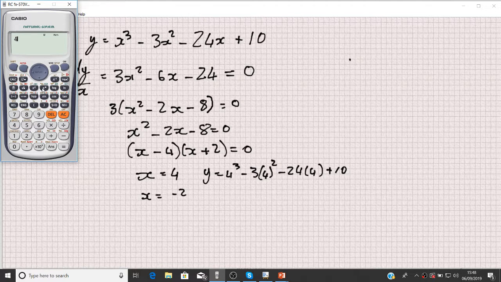That gives me the y value of the first stationary point equal to negative 70.